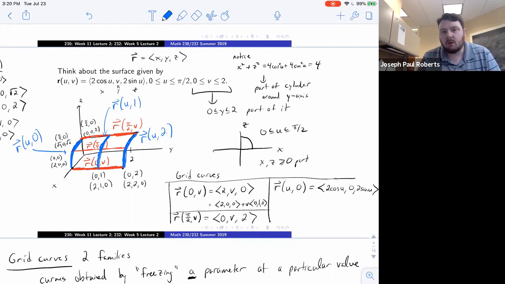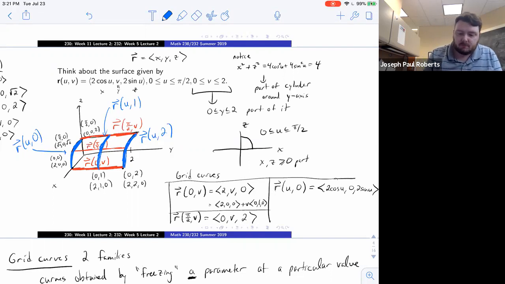So if you go and look in the textbook and on the online homework, you'll see a lot of these sort of grid curves on your surfaces. Those are the curves that you get by freezing one of the parameters at a certain value and varying the other parameter.